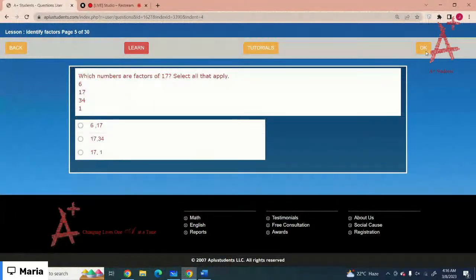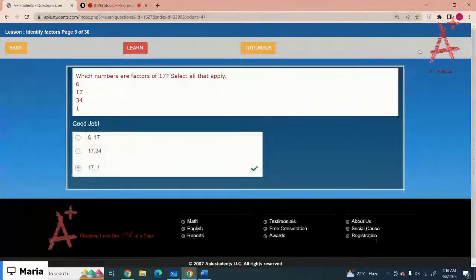Okay, which numbers are the factors of 17? 6, 17, 34, and 1. Which is the correct option? Yes, very good. That would be 17 and 1. Got it? 17 times 1 makes 17. They both are the factors of 17.